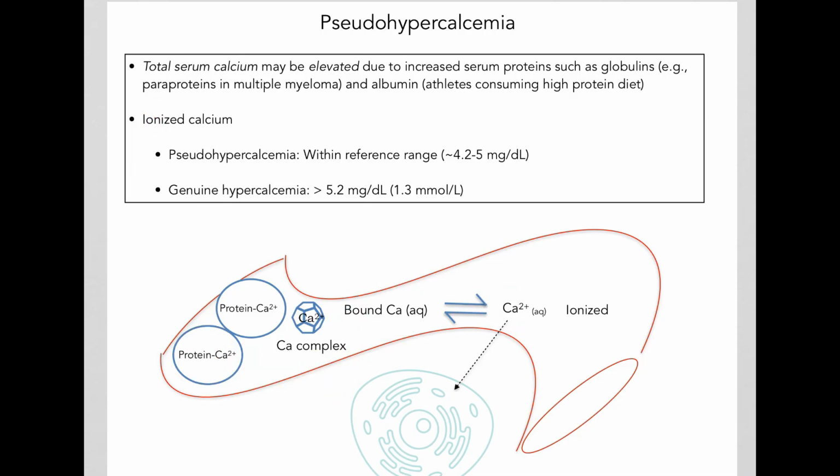We can differentiate pseudo-hypercalcemia from genuine hypercalcemia by carrying out the ionized calcium test. In pseudo-hypercalcemia, the ionized calcium will still be normal, although the total serum calcium is increased. In genuine hypercalcemia, the ionized calcium will be greater than 5.2 milligrams per deciliter.